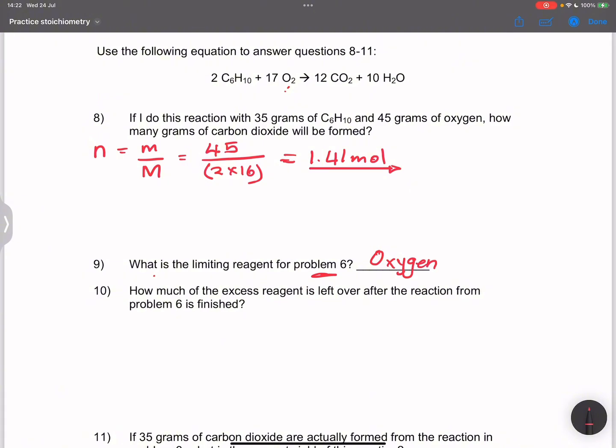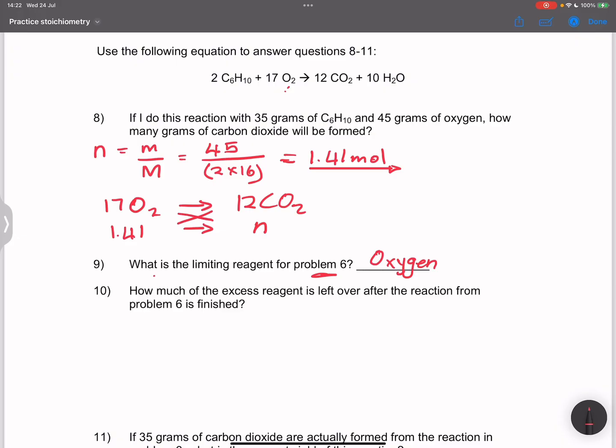Our ratio says for every 17 moles of oxygen, we will get 12 moles of carbon dioxide. So if I've got 1.41 moles of oxygen, how many moles of carbon dioxide are we going to obtain? What we did was to cross multiply.